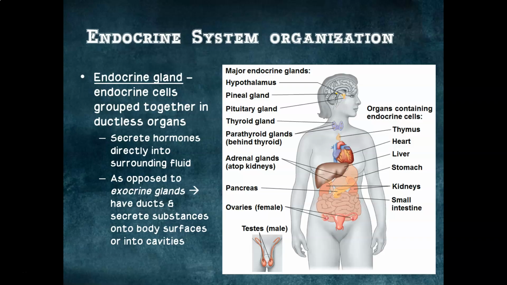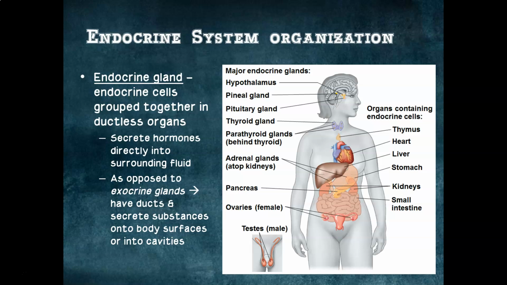You've got your adrenal glands on top of your kidneys. If you come across that one before, probably because you've talked about adrenaline and the fight or flight response. You've got your pancreas, which is responsible for your blood sugar control. In females, you've got your ovaries, males, you've got your testes.